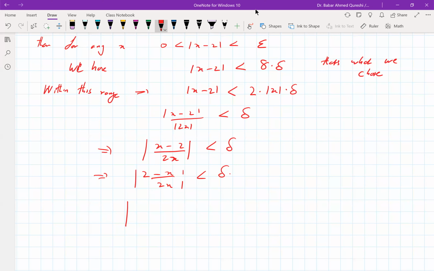So this gives me 1 over x minus 1 over 2. So I have proven that for any delta, there is some epsilon, so that you are mapped into this.